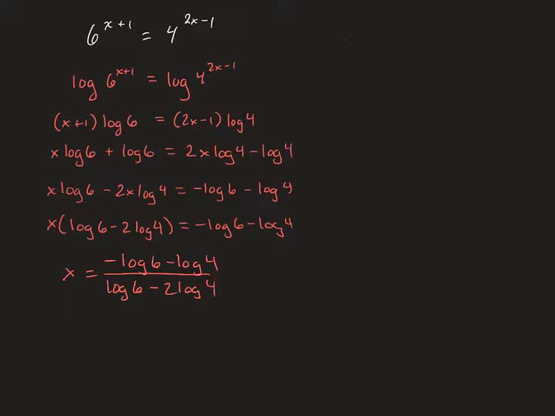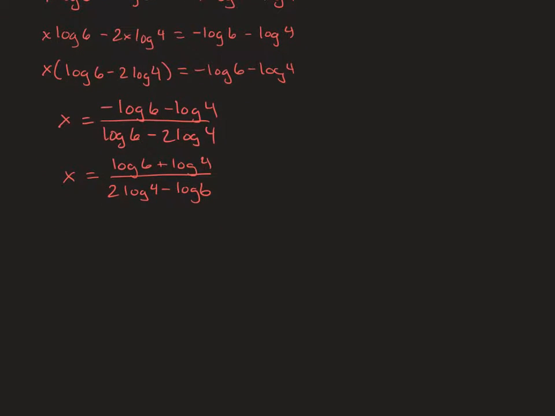Now, personally, I don't think this is the best way to leave the answer. I would multiply the top and bottom by negative 1, so x equals log 6 plus log 4 over 2 log 4 minus log 6.